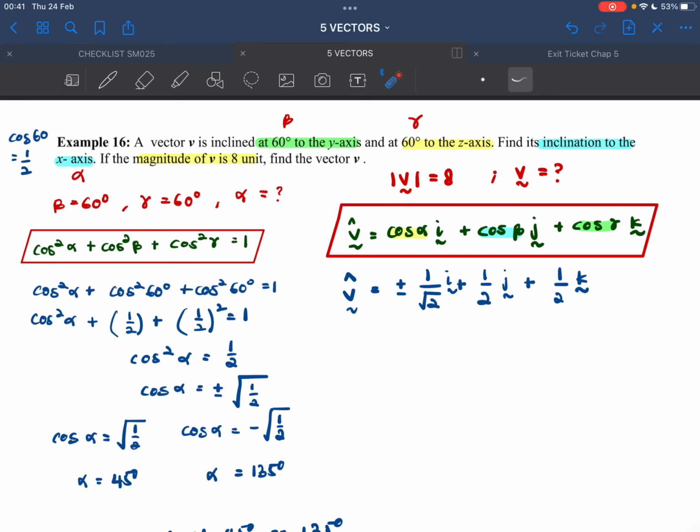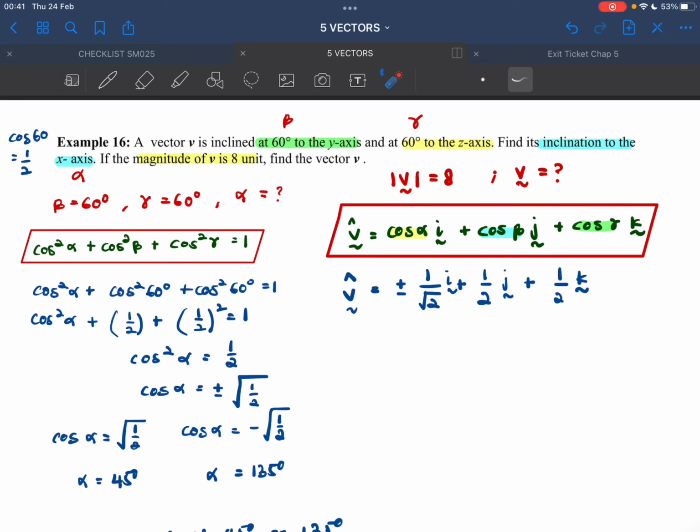Then we simplify that, we should get plus minus 4 square root 2 i plus 4j plus 4k, and that's going to be our final answer for V. We can conclude V1 equals positive 4 square root 2 i plus 4j plus 4k, and V2 equals negative 4 square root 2 i plus 4j plus 4k.